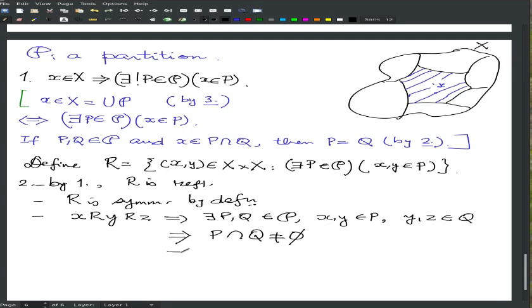So this tells me P is equal to Q. So this tells me x is related to z. So transitivity follows.